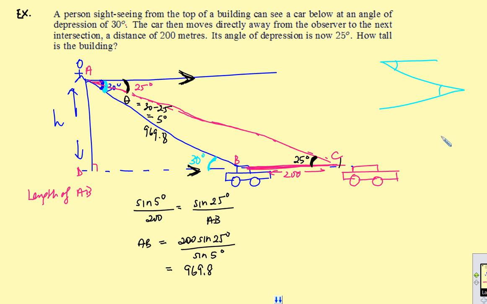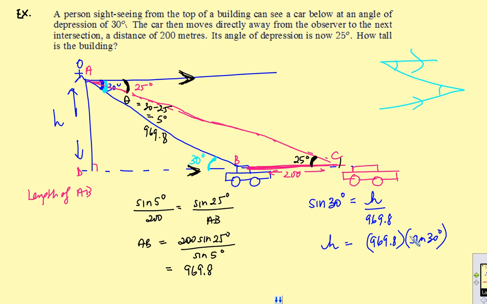These are parallel lines. So I can say opposite over hypotenuse, which is sine. So the sine of 30 degrees is equal to the height over 969.8, and so h is equal to 969.8 times the sine of 30 degrees.